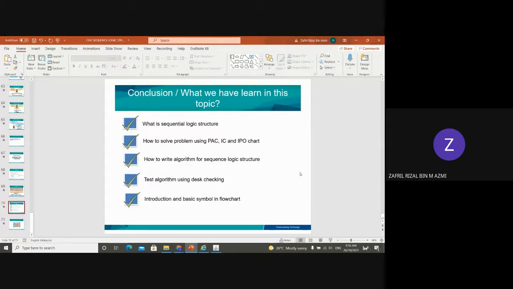Okay, class, before you proceed with the lab exercise, we have some questions that require you to develop the flowchart and algorithm. You may proceed with that and submit your exercise by tomorrow, before midnight.